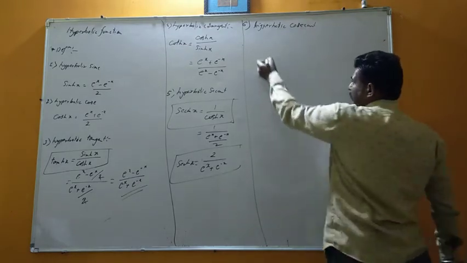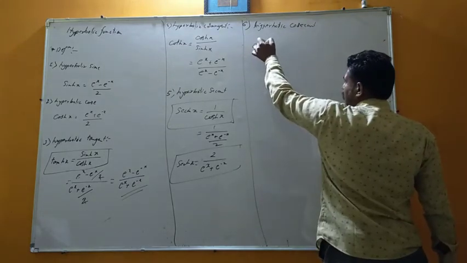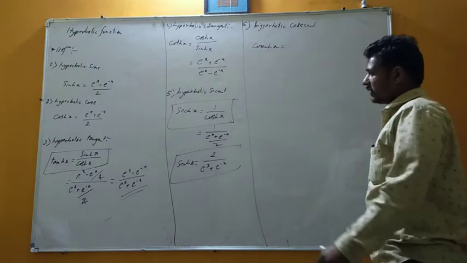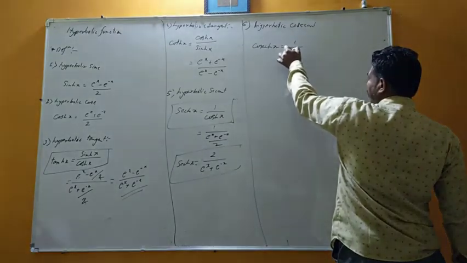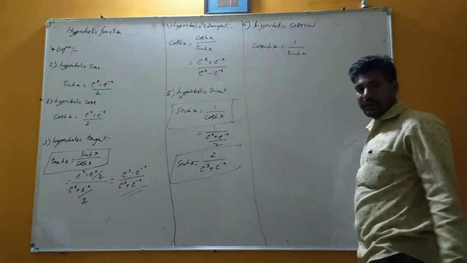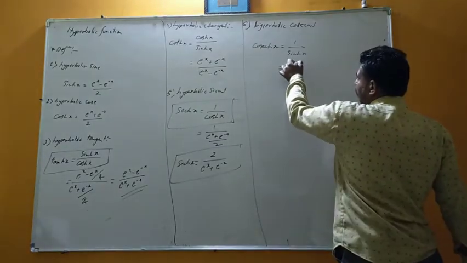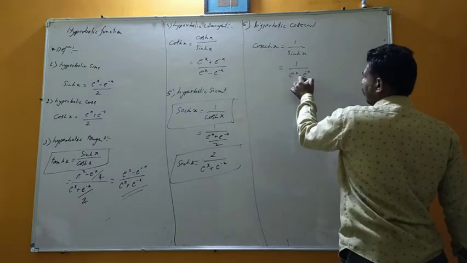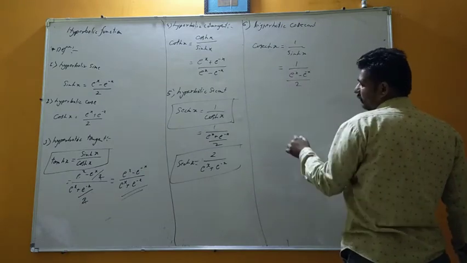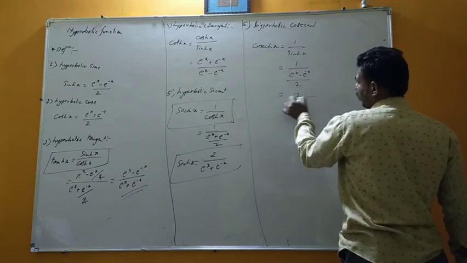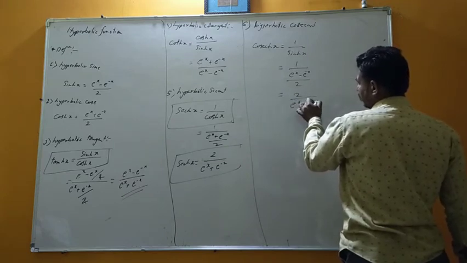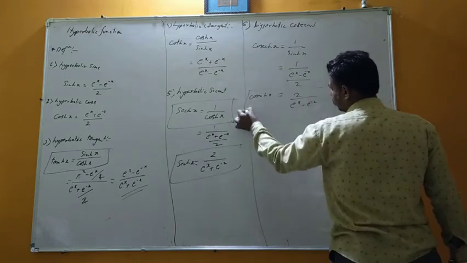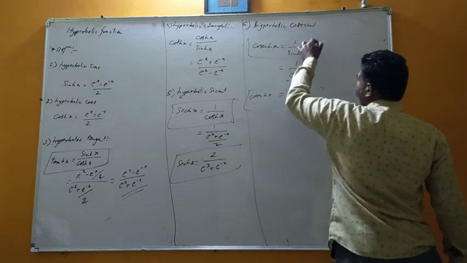Hyperbolic cosec of x is nothing but 1 by hyperbolic sine of x, which is 1 upon e raised to x minus e raised to minus x upon 2, and which implies that it is 2 upon e raised to x minus e raised to minus x. This is the hyperbolic cosec of x. These are the two important formulas.